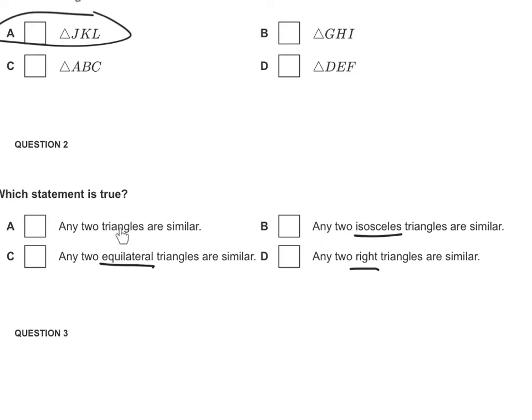Not all the time are any two triangles going to be similar. If you think about it, you have maybe an equilateral triangle and then just pick a right triangle. These would not be similar, because first off, equilateral triangles have 60-degree angles, and right triangles have at least a 90-degree angle. So I can automatically eliminate option A.